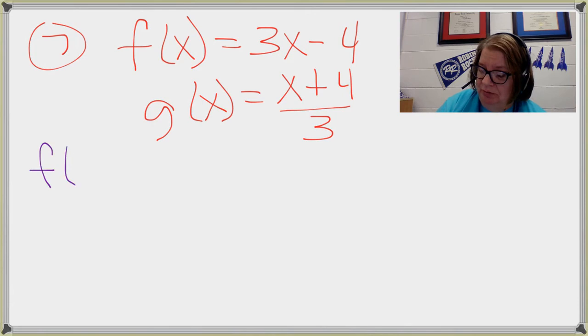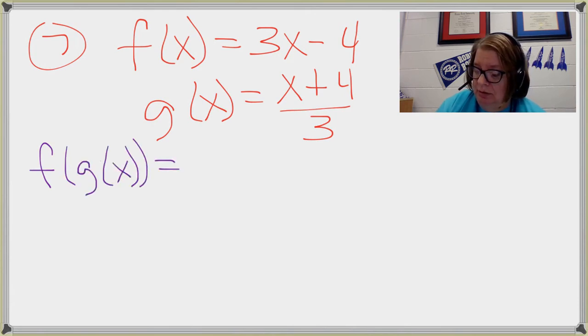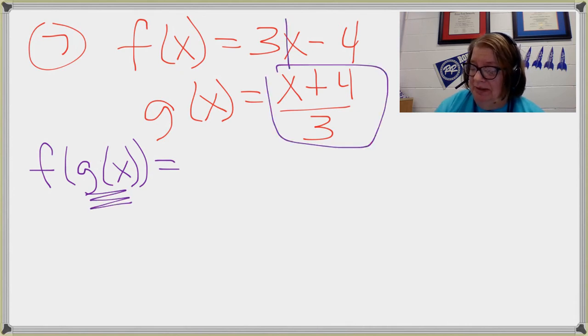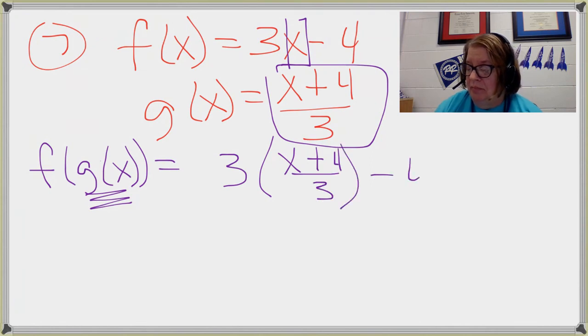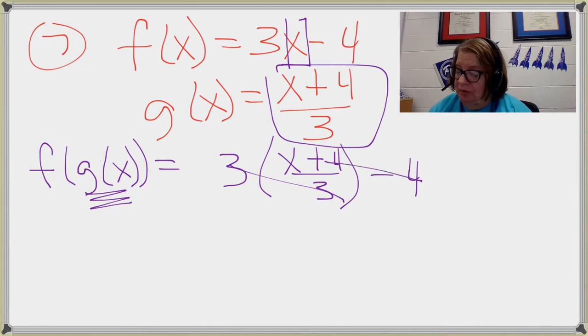We'll do that by first finding f of g of x. Inside the parentheses is g of x. Replace the x in f. The 3's cancel. The 4's cancel.